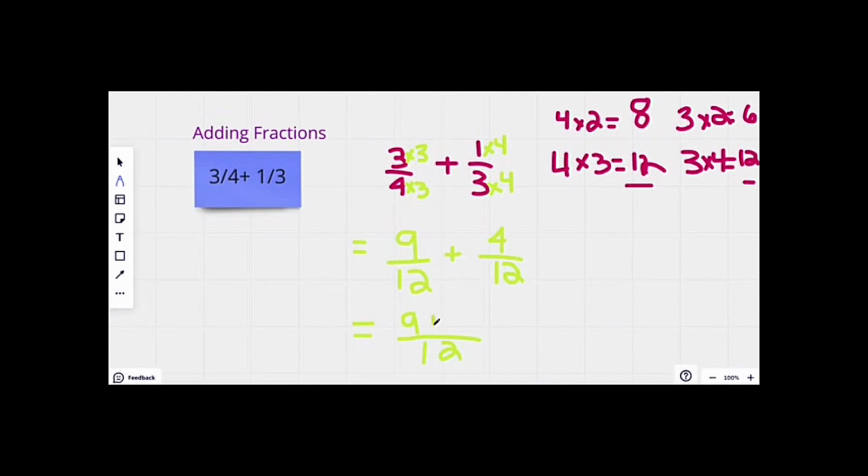9 plus 4. And that will give us 13. And I said the bottom stays the same.